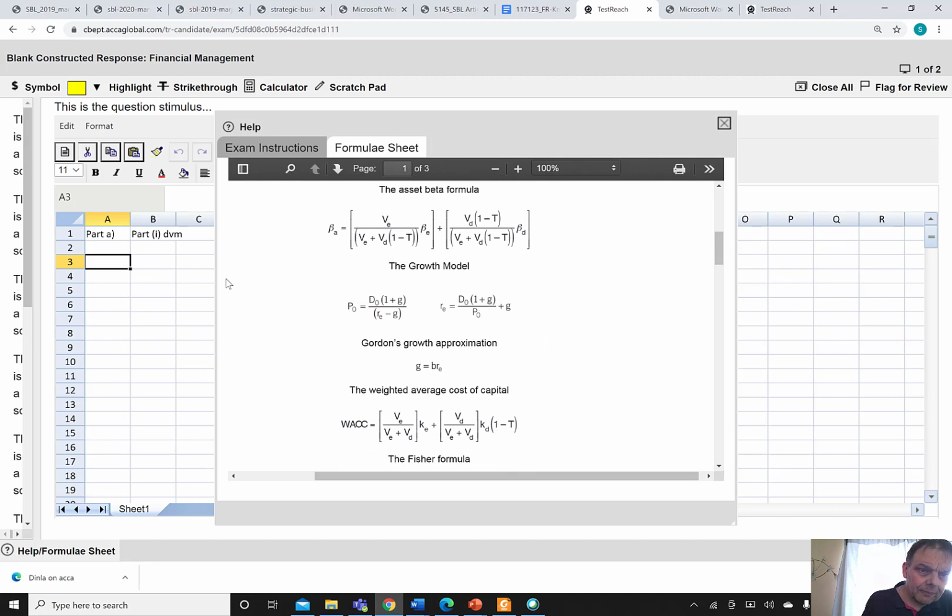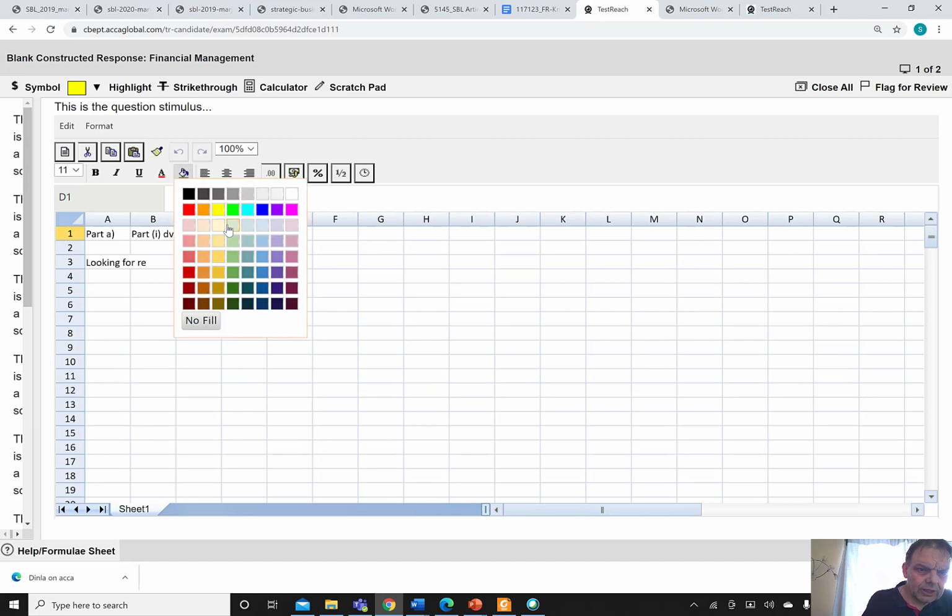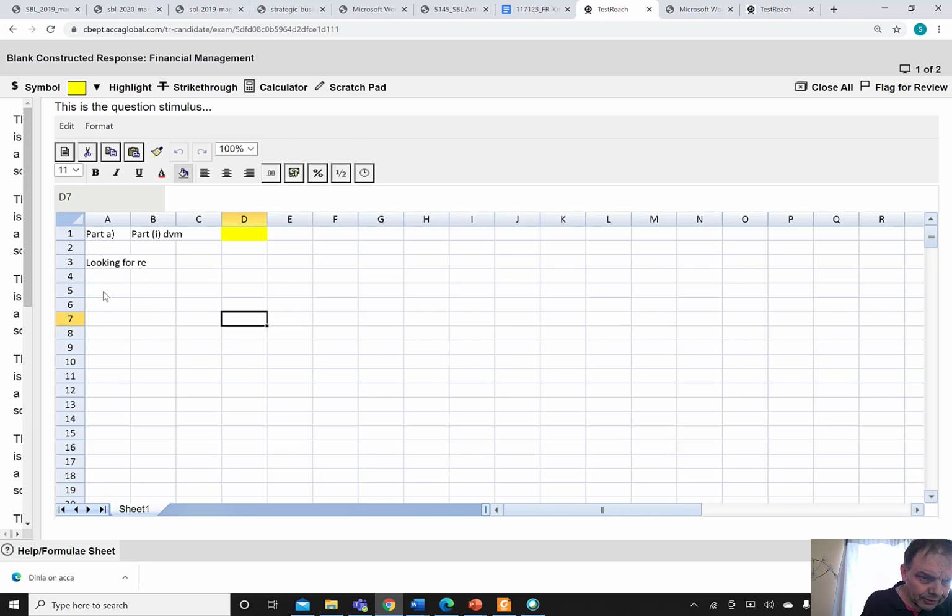It's the RE value, and we've got the D0, G, P0. So we are looking for RE. No attempt to use the smaller casing, given that we're in the exam, and that's really just a guide to help me to know which column I'm putting my answers in.